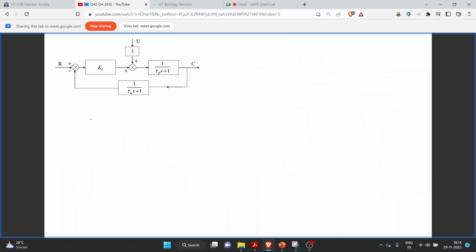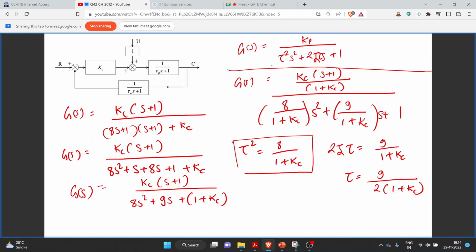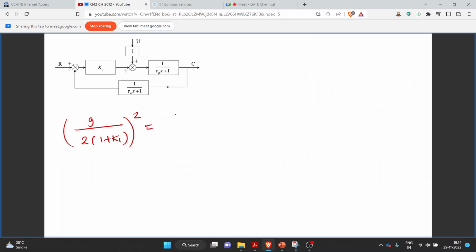So we will be having 9 upon 2 into 1 plus Kc whole square, that will be equal to this term, 8 upon 1 plus Kc. So this term will become 81 upon 4 into 1 plus Kc whole square, equal to 8 upon 1 plus Kc.